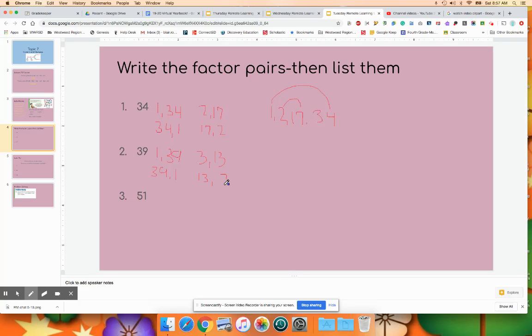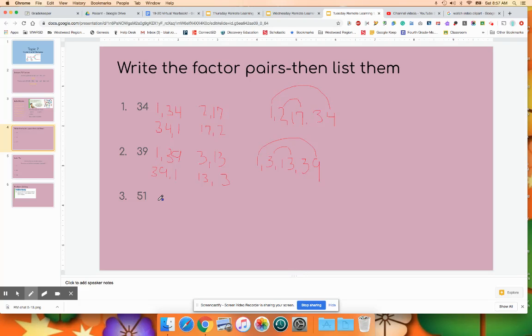So these are my factor pairs. I'm now going to list them. So it'd be 1, 3, 13, and 39. Let me do my rainbow.